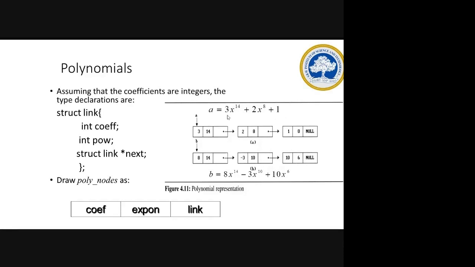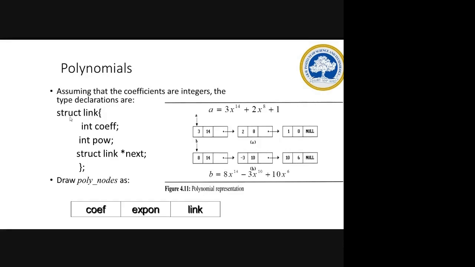So 3 is your coefficient, then your exponent, then you will be having the next one, where the next element is being stored, that address is over here. In sparse matrix we had 4 fields, but here for us only coefficient and exponent are more important, and where the next one is stored, that address. So this is the normal process. These together we will consider as value.